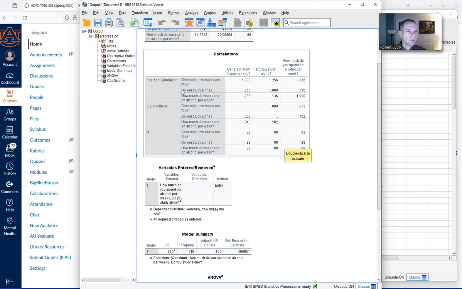All right, so our two predictors here are studying alone and how much you spend on alcohol in a week. So if I look at do you study alone, and then I follow it to where it goes to our other variable of how much you spend on alcohol per week, we see that there's a correlation value of 0.136.